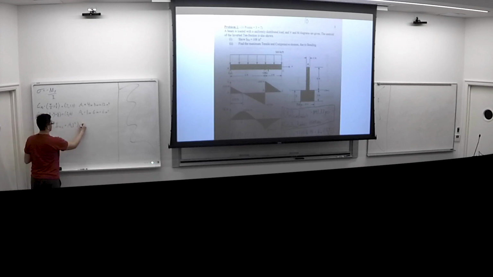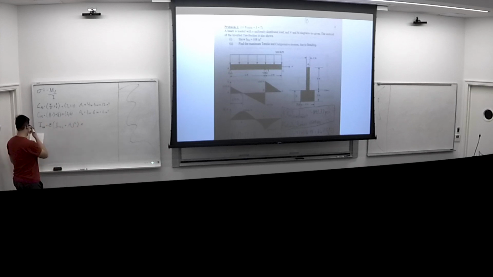So what this turns into, you have 1/12 base times height cubed, which is the equation that they'll give you, but you've probably seen before for moment of inertia of a rectangle. So 1/12 base of, we'll do the bottom one first, so 4 inches times 3 inches cubed plus AD squared.